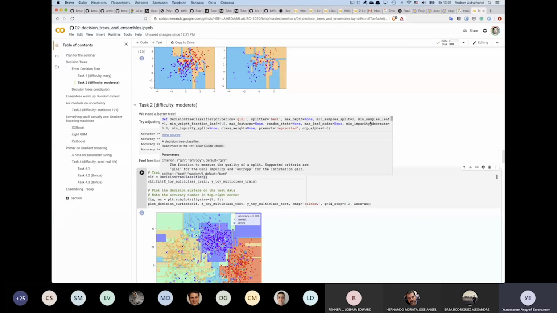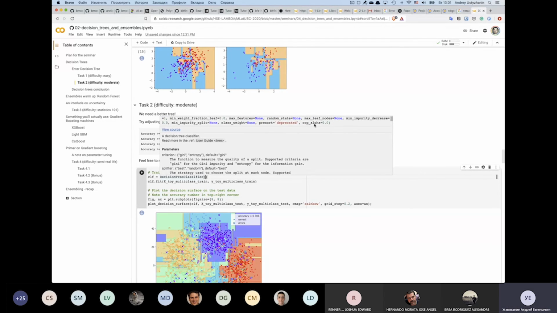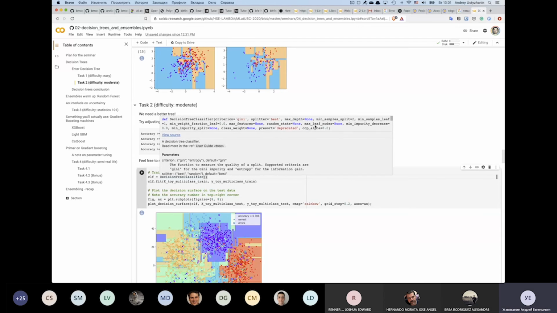We can change the minimum sample split, minimum samples in a leaf, maximum number of features, maximum number of leaves in the node, and maximum number of leaf nodes in the tree, and minimum impurity decrease by making a split.